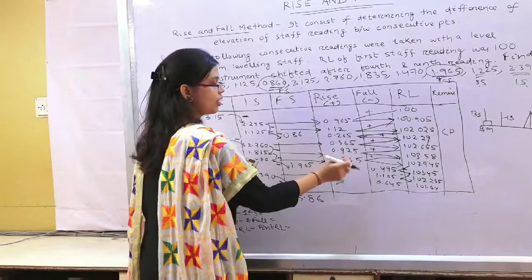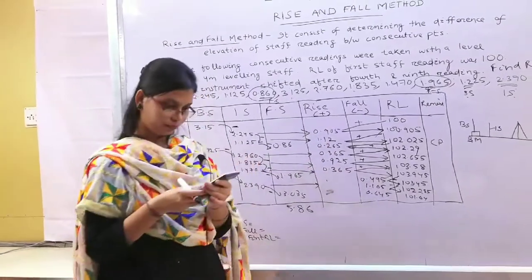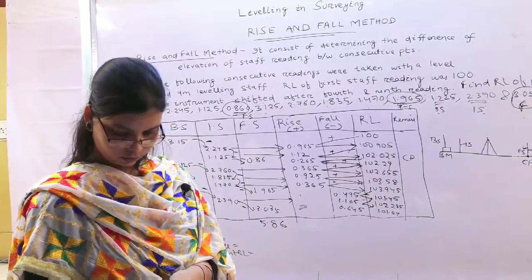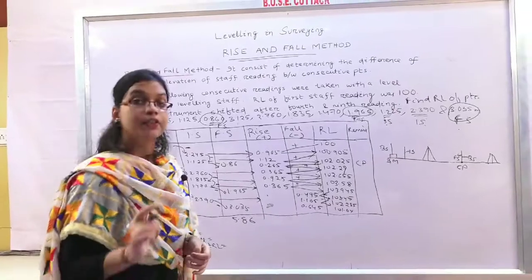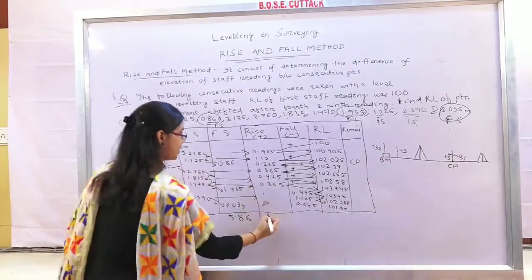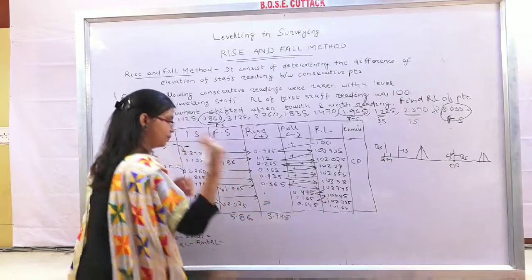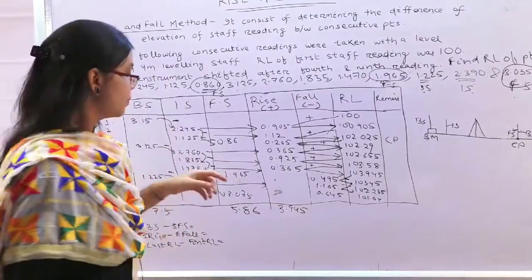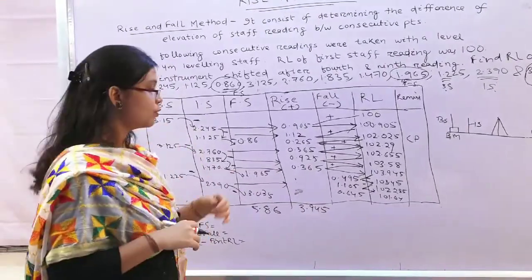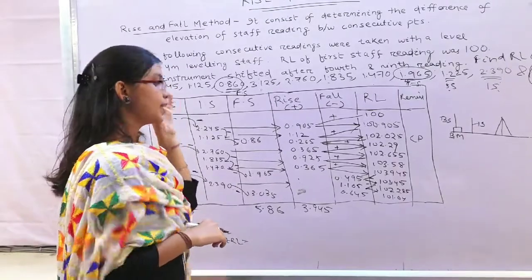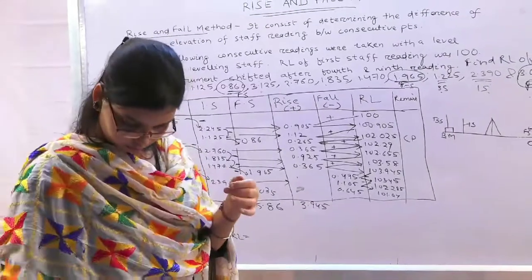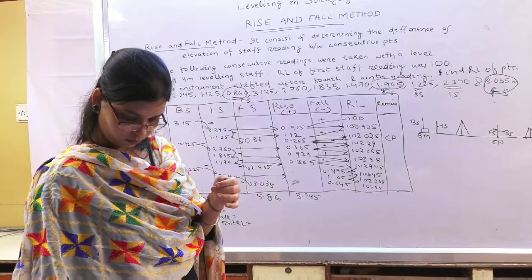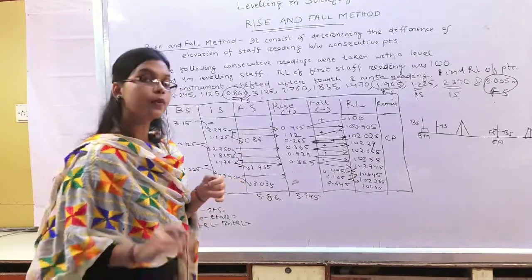All the rise values I am going to add, and the value is 3.945. Again, all the fall values I am going to add: 0.495 plus 1.165 plus 0.645 gives 2.305.